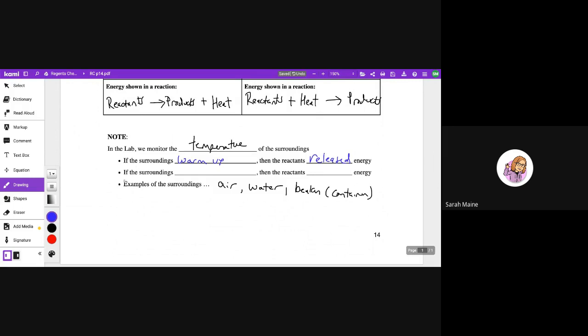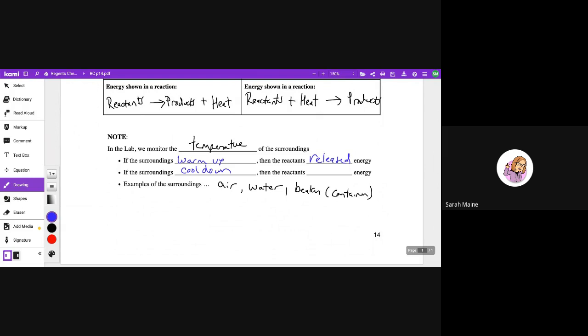The opposite is also true if the surroundings cool down. So you have a container of water, you measure the temperature of the water, and it's 20 degrees Celsius. You dump some sort of reactant into the water and stir it, and all of a sudden you notice that the temperature starts to drop below 20.